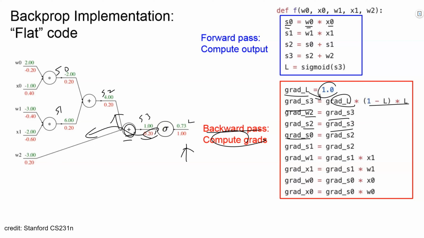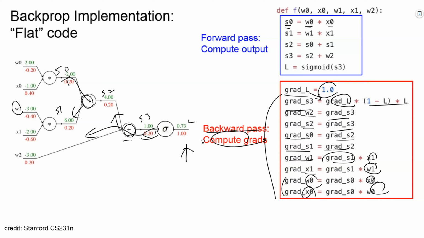And S0 and S1, because this is also an ADD gate, receive the same gradient as S2, like this. And gradient W1 is calculated by gradient S1 times X1, X1, W1 like this. Similarly, W0, X0, X0, W0.